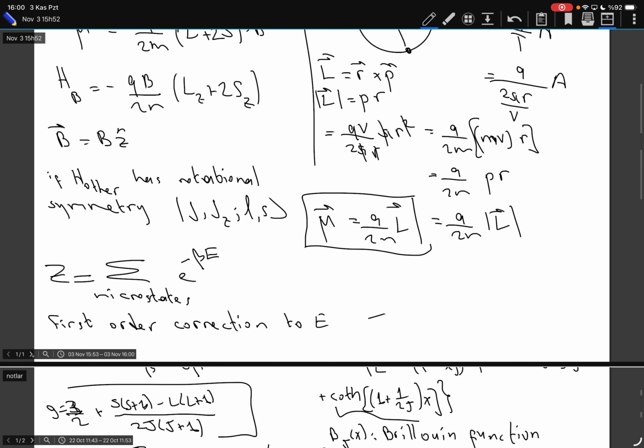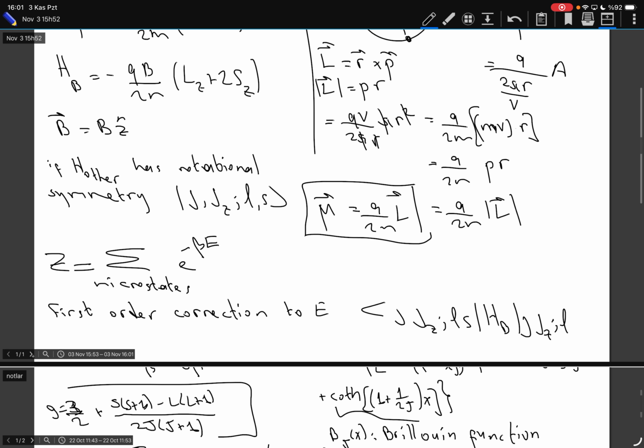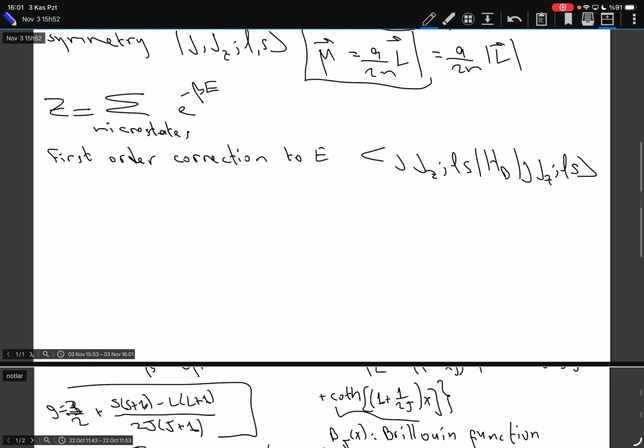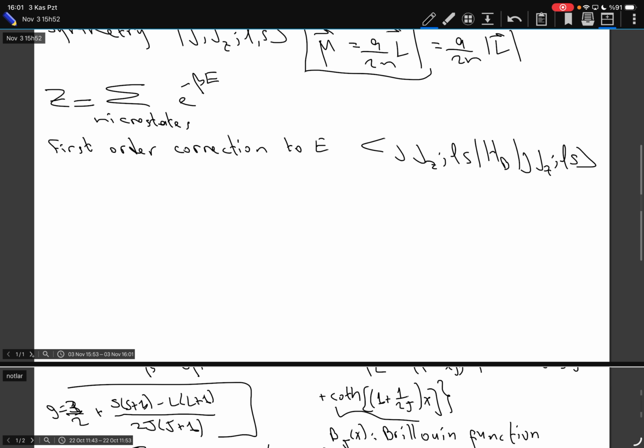It will be given by the matrix element of Hb between the states J, Jz, L, S. This will give us what the first order correction is.